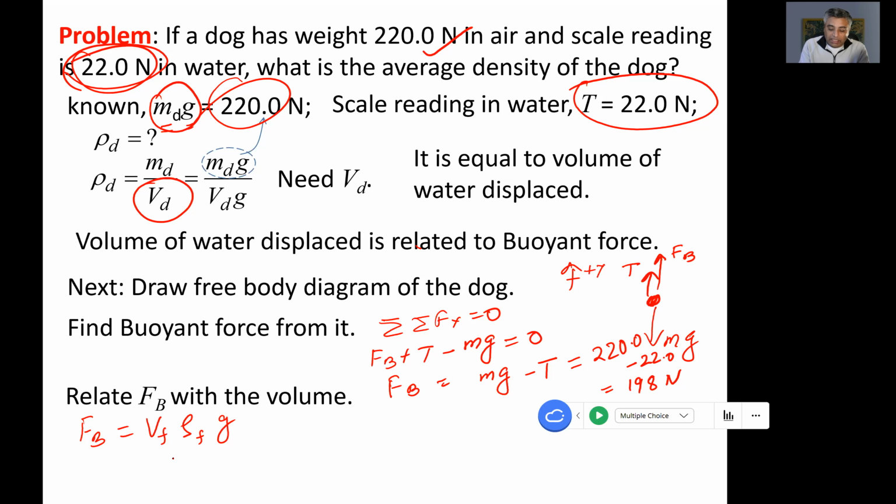So what do we need? We need both, VD times G. And we know volume of fluid displaced is the same as volume of the dog in this case, because the dog is inside the water.